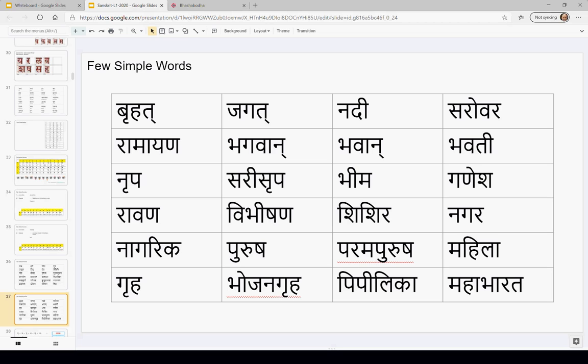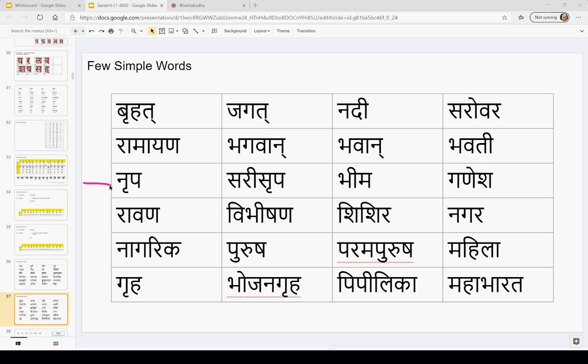Okay, next. Next line. Ramayana, Bhagavan, Bhavan, Bhavati. Okay, great. Next on the list I see again Vijaya Devi. Third line. Nripa, Sarisripa, Bhima, Ganesha. Yes. Okay. Thank you.